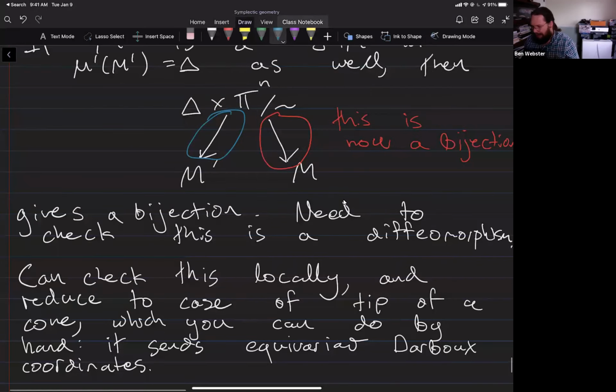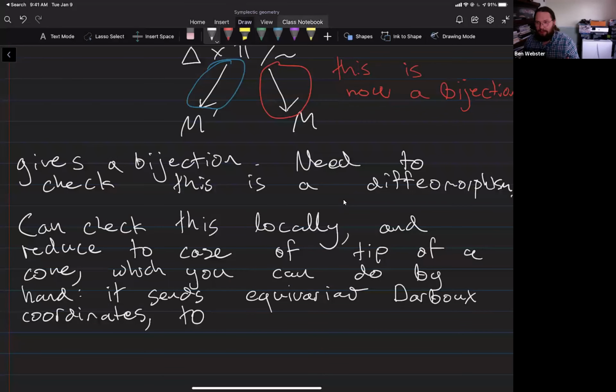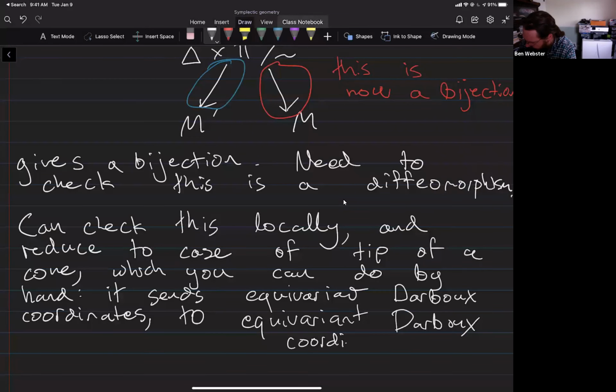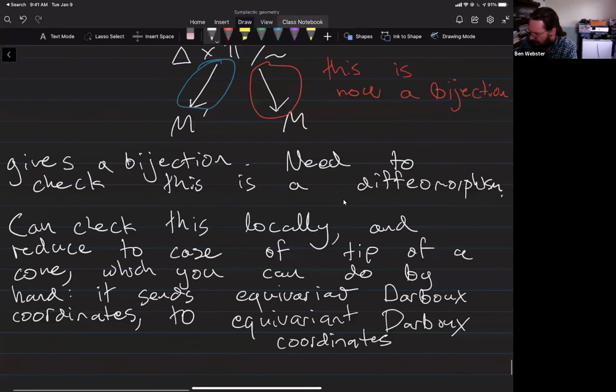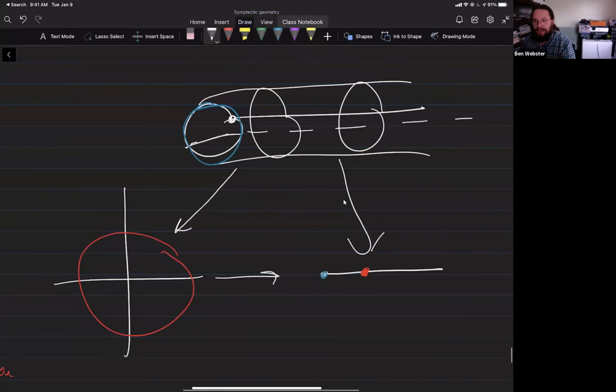Then you just look at, okay, what happens locally around a vertex? I have my equivariant Darboux coordinates on the two sides, and this map just matches them up. And again, that basically just means look at this case and think hard about what's going on.